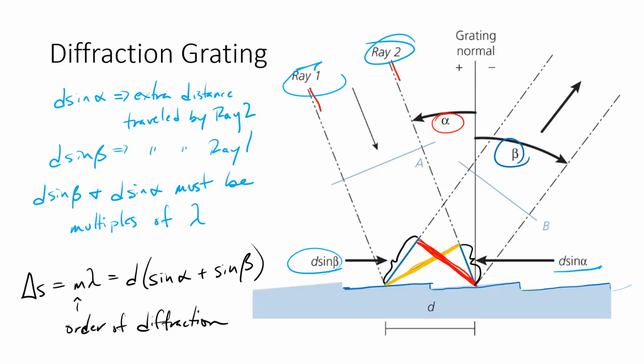The difference between those two is some number of wavelengths, and the number of wavelengths different gives us that order of diffraction. If it's one wavelength, then it's first order. If it's two wavelengths, it's second order, etc. Gotcha.